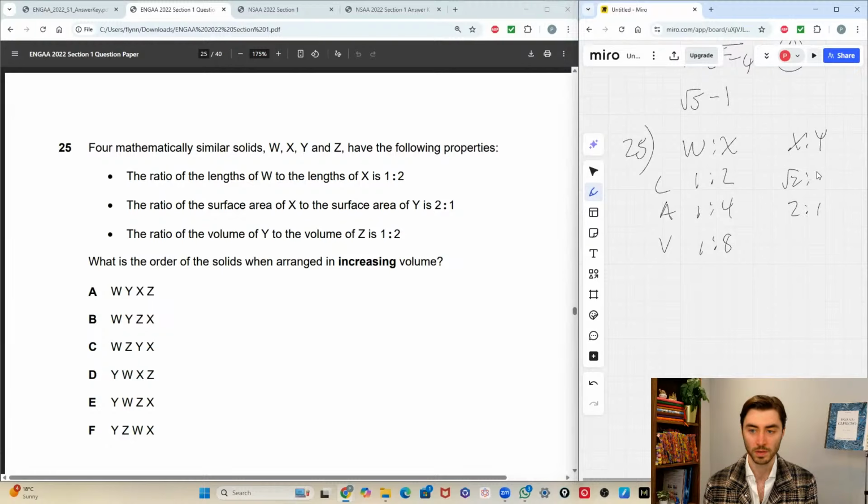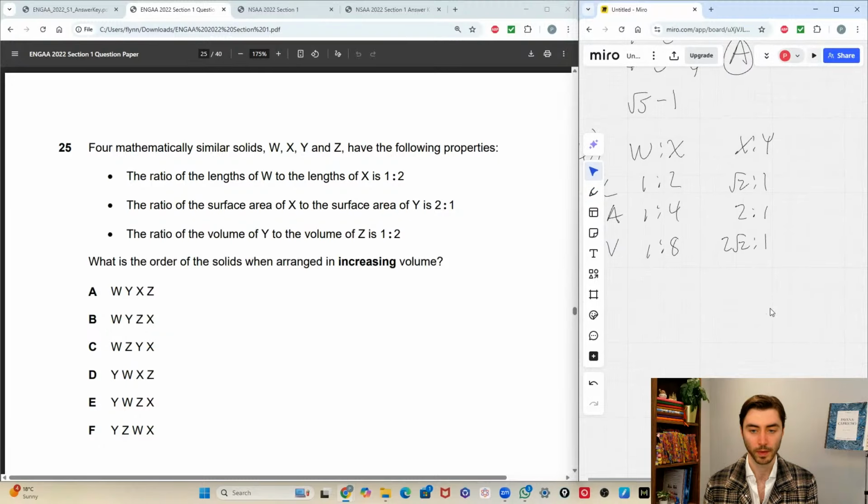So that's root 2 to 1 in length. So that's 2 root 2 to 1 in volume. And we've got Y and Z. So Y to Z, the volume is 1 to 2, so that's 1 to cube root of 2, so that's 1 to 2 to the 1/3. Cool.